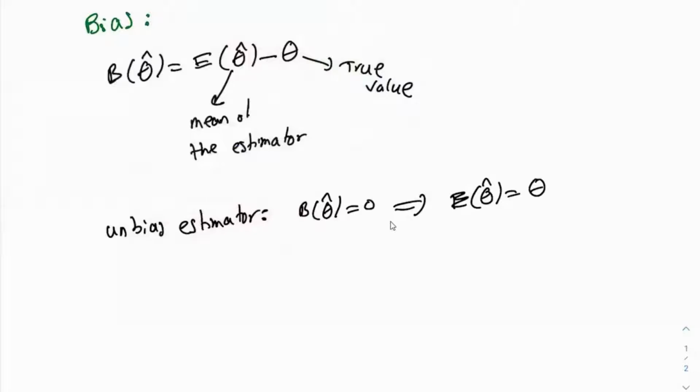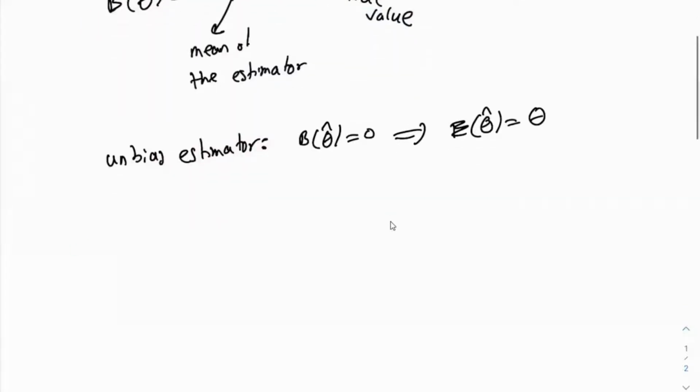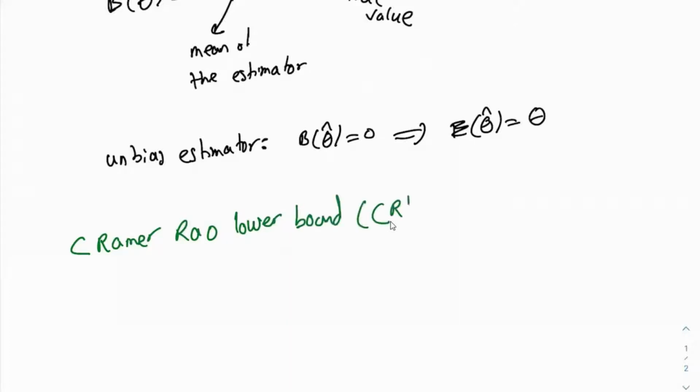Now let's go to another one: the Cramer Rao lower bound, sometimes called CRLB. So what is CRLB?